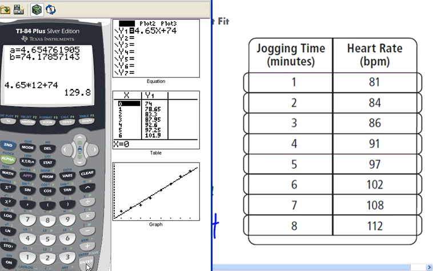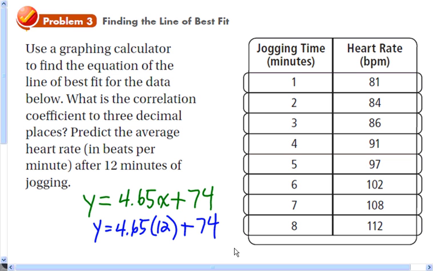And so it's predicting about 129.8. Let's round that to a whole heartbeat, make it 130. It predicts about 130 beats per minute. And now to think about that, is that an extrapolation or an interpolation? Since 12 is beyond my data, that's an extrapolation.